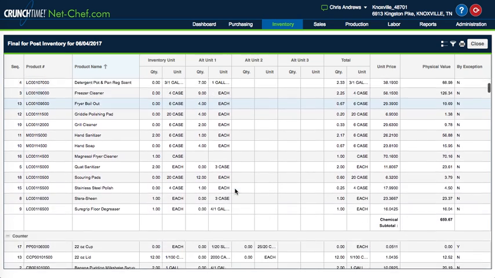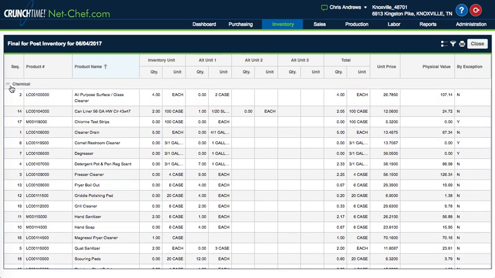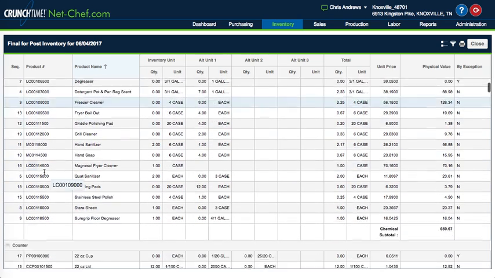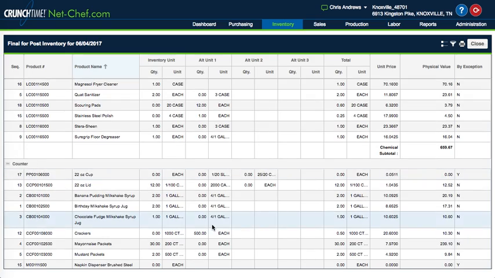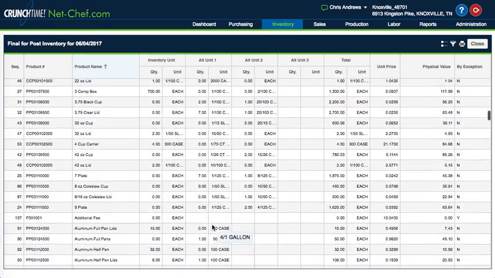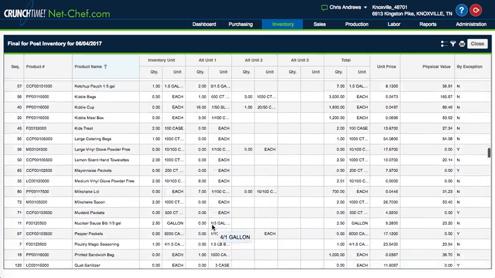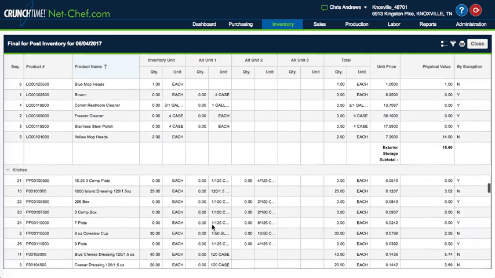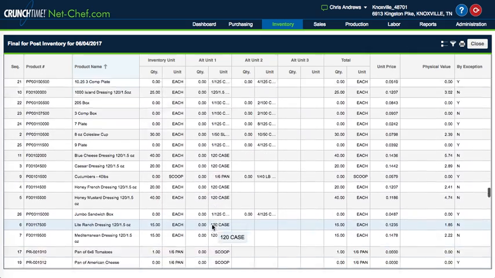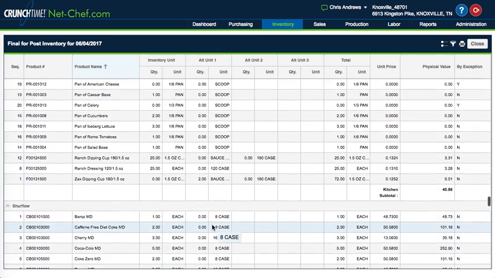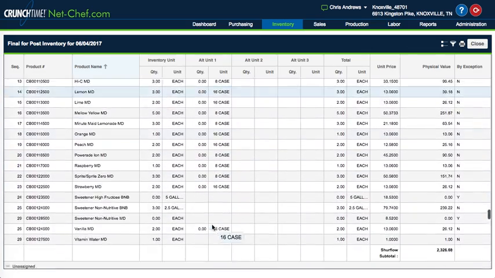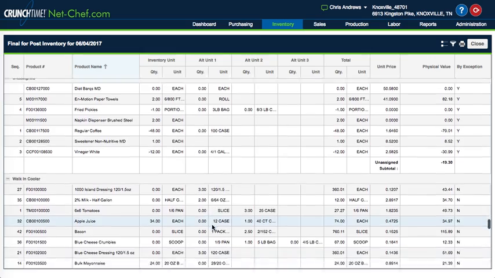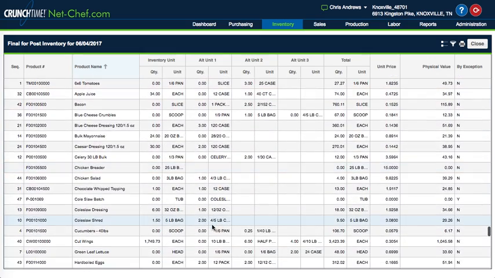All right, so this is showing me, by storage location right now, what the actual counts were. I'm going to scroll on down because I'm looking for chicken tenders. And I know that primary is typically going to be in the walk-in freezer. Secondary a lot of times is the walk-in cooler.